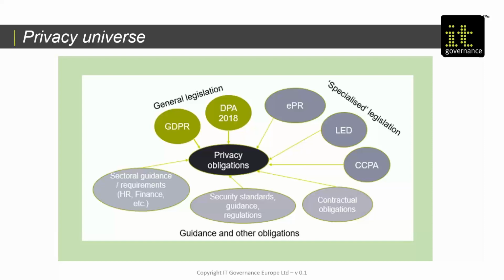Other legislation that needs to be considered to see what impact it has on your organisation is the e-privacy regulation, the LED and the CCPA. These are just examples of some privacy legislation that's in existence. The e-privacy regulation is currently at draft stage, but it will replace the current e-privacy directive and it will complement the GDPR's general rules on personal data processing by providing specific rules governing electronic communications.